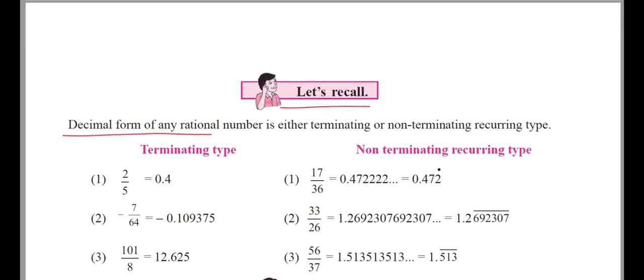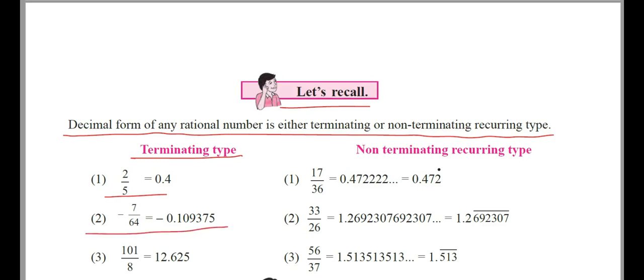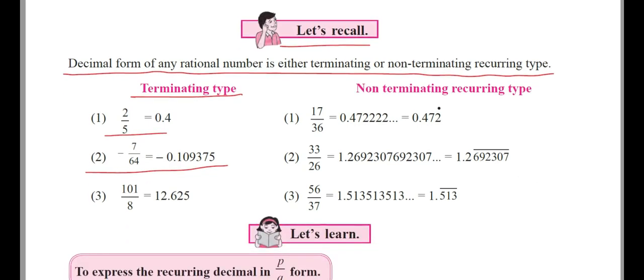Now the decimal form of any rational number is either terminating or non-terminating recurring type. Terminating means you have the complete division, for example 2 by 5 is 0.4, minus 7 upon 64, 101 upon 8; these are the terminating type.